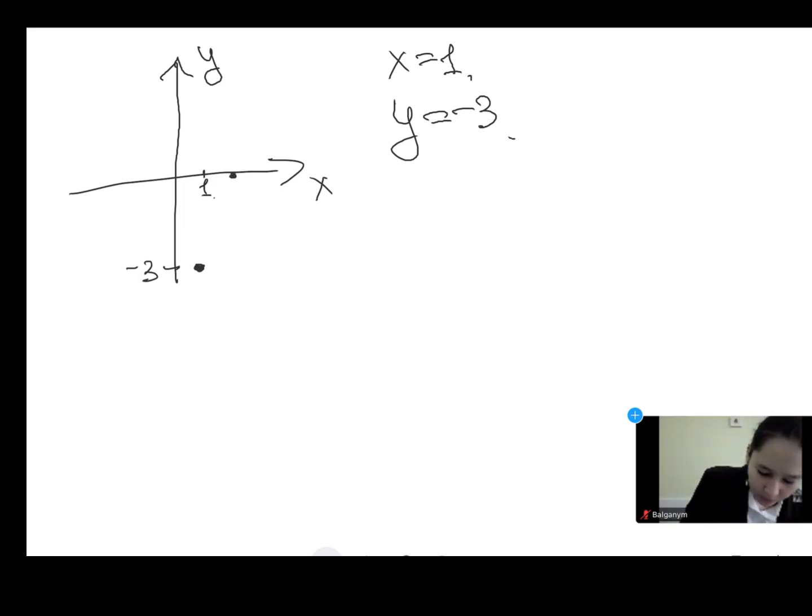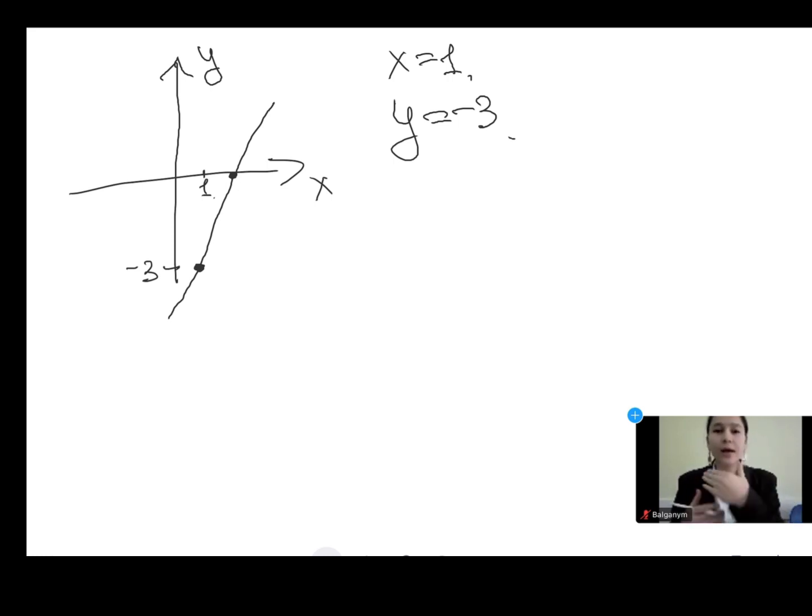Here we have the first point, and we can draw the line, and the second is 1. Put 0 instead of x, then y will be 1. 0 is x and y is 1.